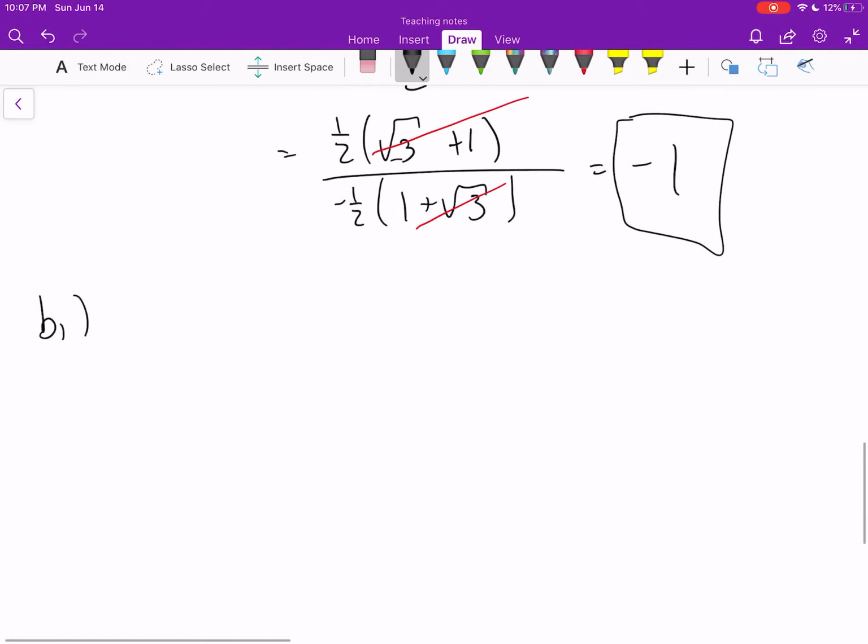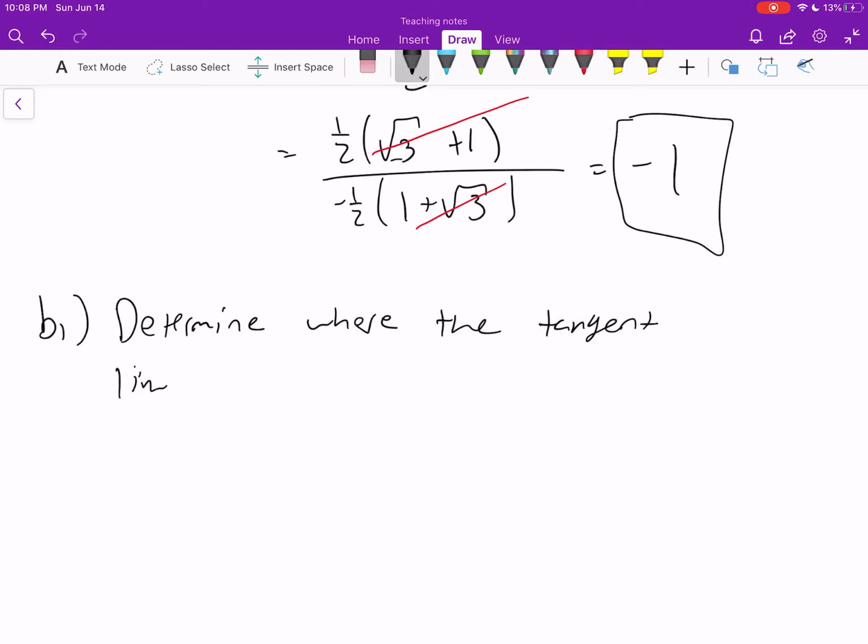Part B is to determine where the tangent line is horizontal. Where it's horizontal or vertical.